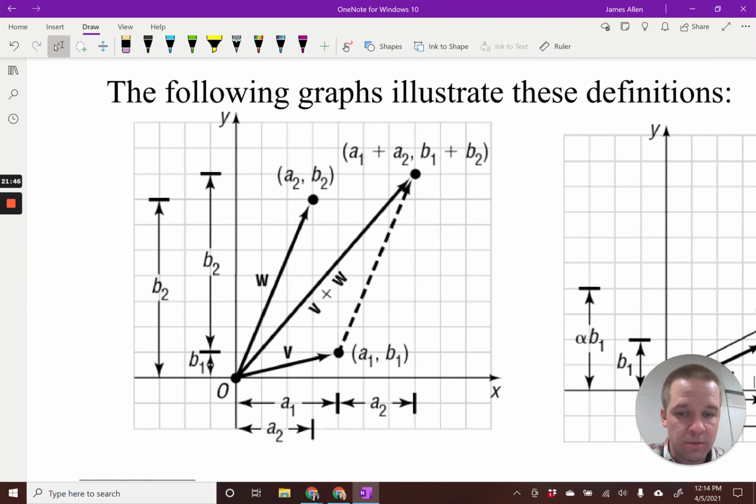And then for a sub 2, which was with our w vector, 4 plus 3 gives me 7, so I'm moving a total of 7 in that x direction. And the same idea for the y direction, where I went 1 for b sub 1, and I went 6 for b sub 2. So that together, I think it went 6. Nope, sorry, I went 7 there. So add them together for a total of, it looks like 8 on this one here. Sorry, I misspoke, miscounted. All right. Nice little graphical representation. You can show that with the other ones as well.